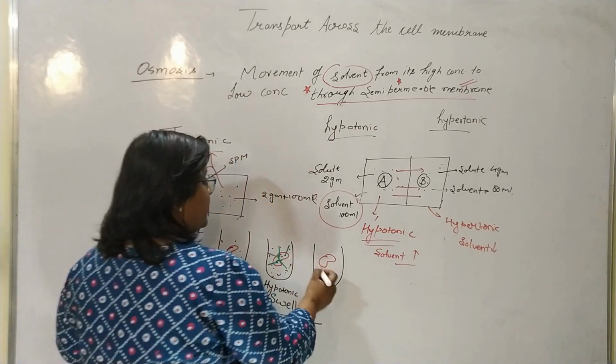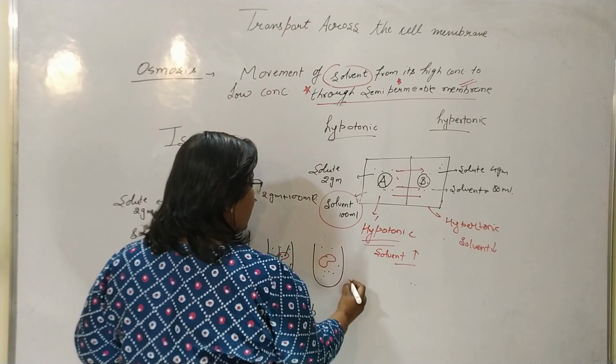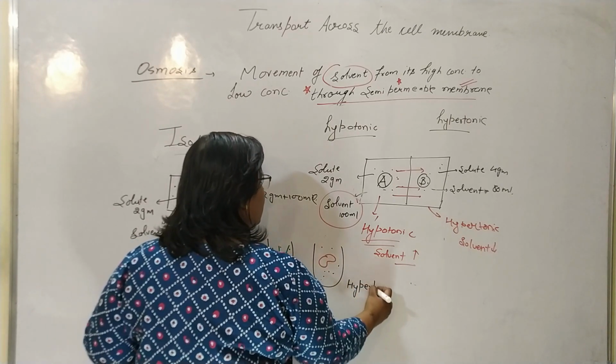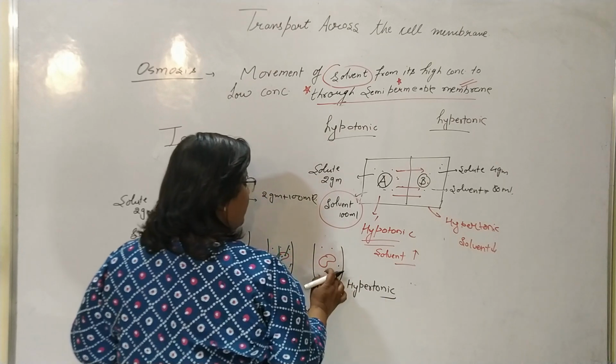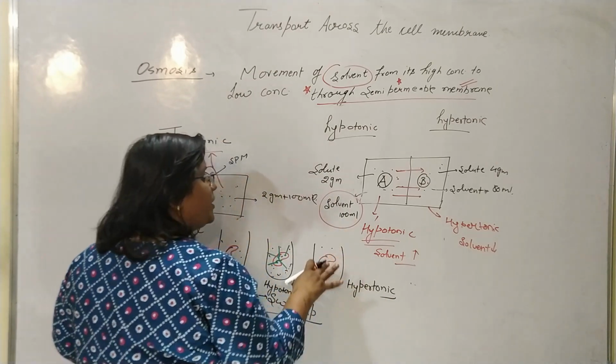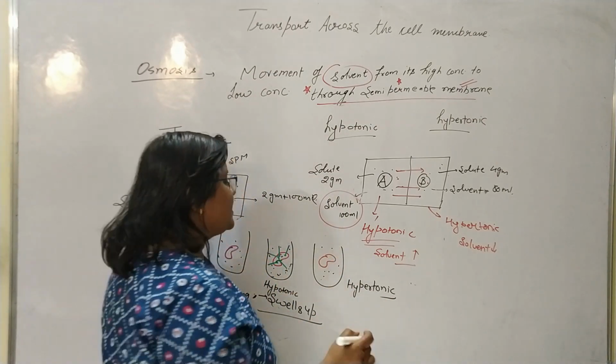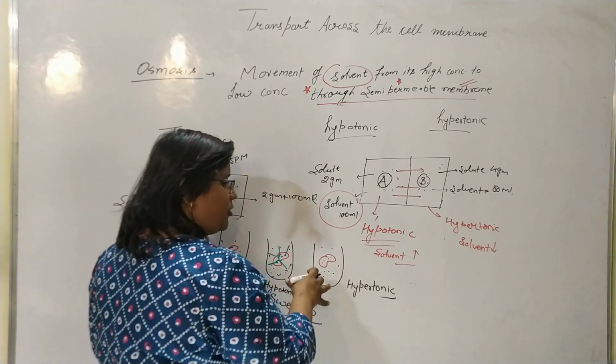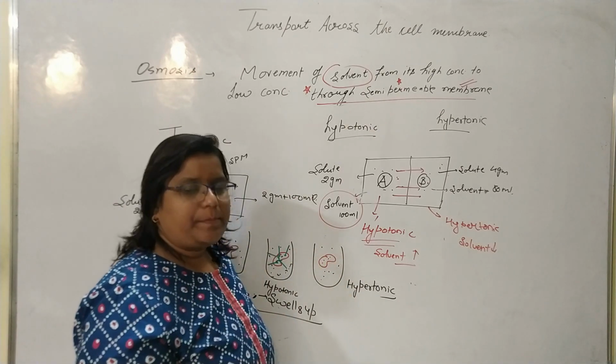Now what will happen if we take the RBCs in a hypertonic solution? Hypertonic solution means the water molecules surrounding the RBCs are lesser as compared to the water molecules inside the RBCs.